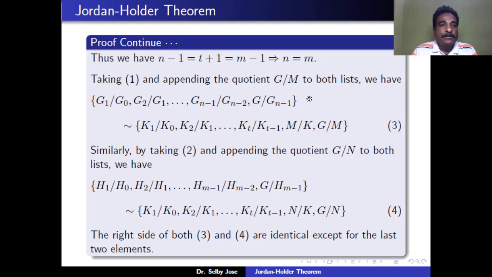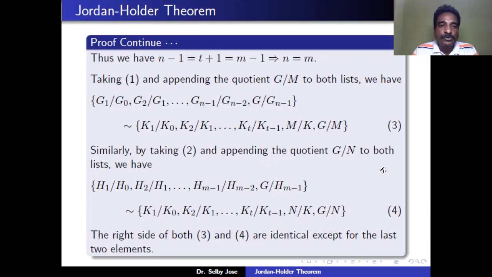Namely, only one factor group we are adding: G mod M, to both lists. So G mod M, because G(n minus 1) is the same as M, this is G mod M, and G mod M is added at the end of both lists. That equation we call 3.